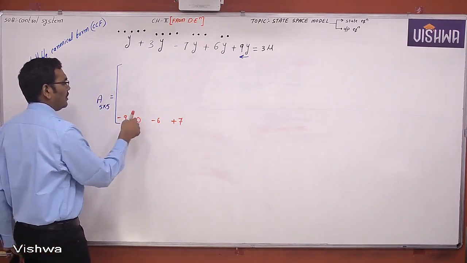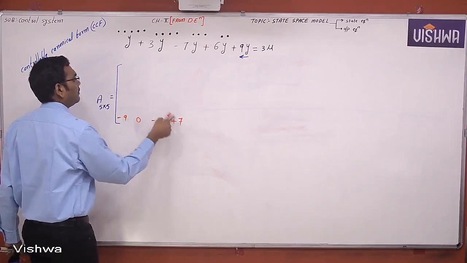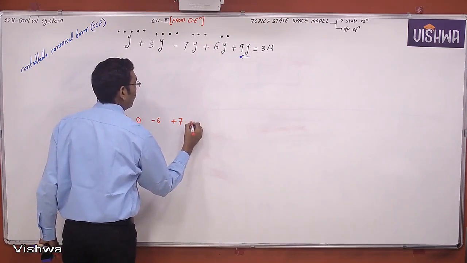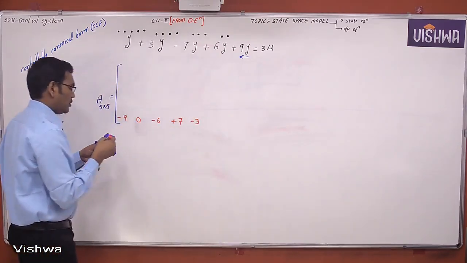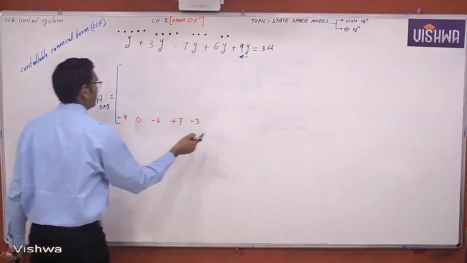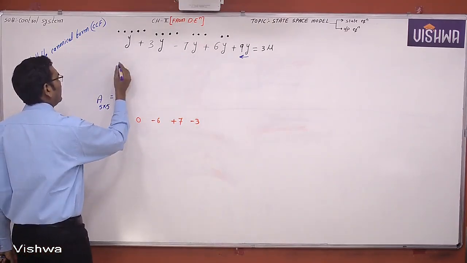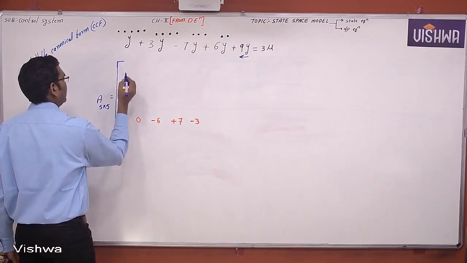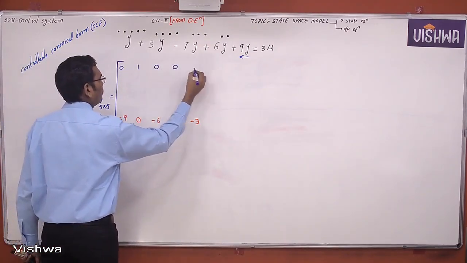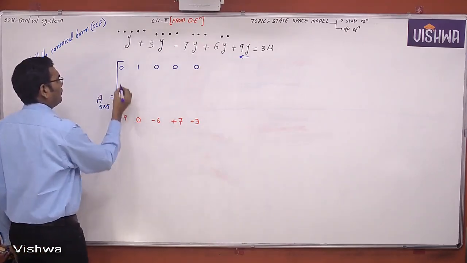5 columns, 1, 2, 3, 4, right? 1, 2, 3, 4. Now this is minus. So this is the A matrix last row. What is the first row? I am already saying that the first row, first element, second element is fixed. 0, 1, 0, 0, 0. Now next, 0.